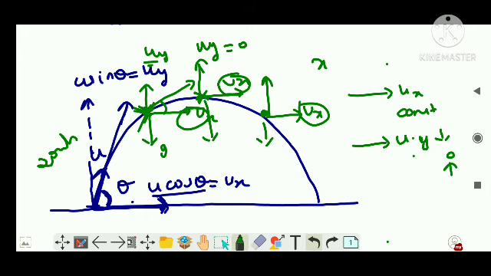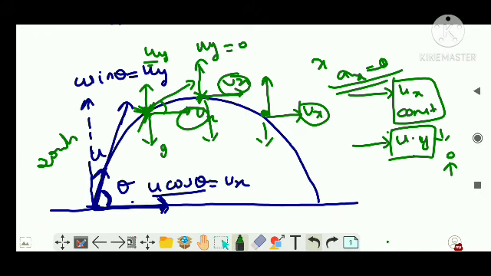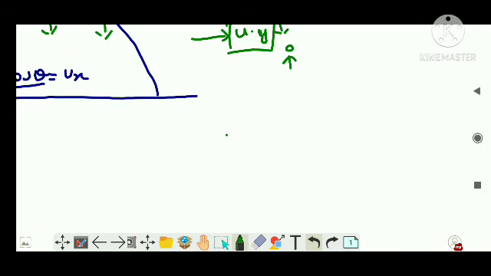Since the velocity is constant in x direction, acceleration is 0, right? There is no change in velocity. Change in velocity is happening only in y direction. So if I make a column like this, let's make a column here for x and this is y. In x there is initial velocity, that is u cos theta.